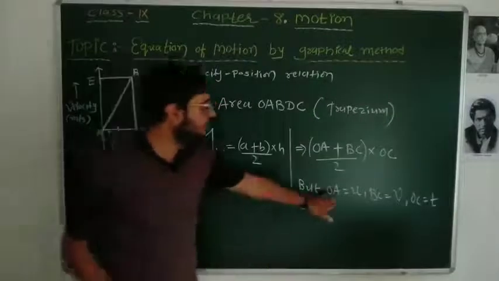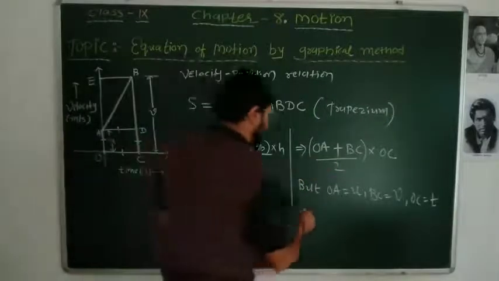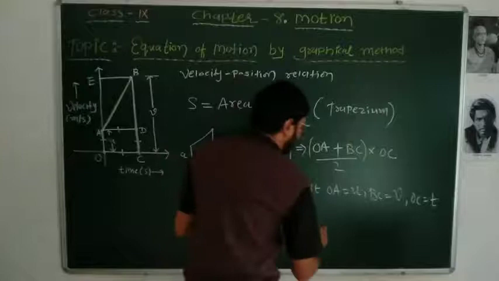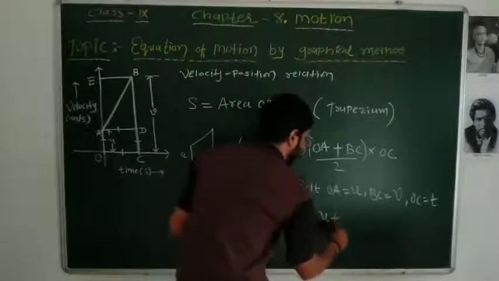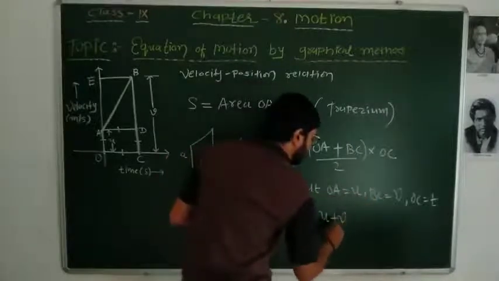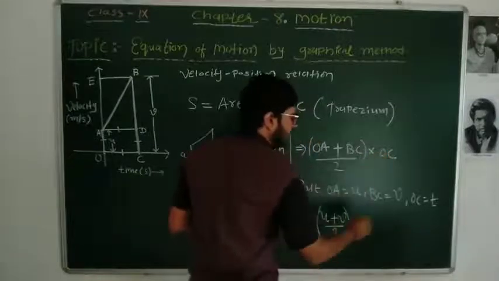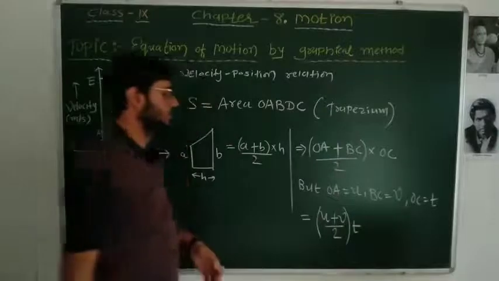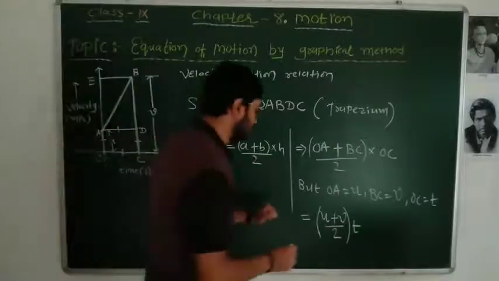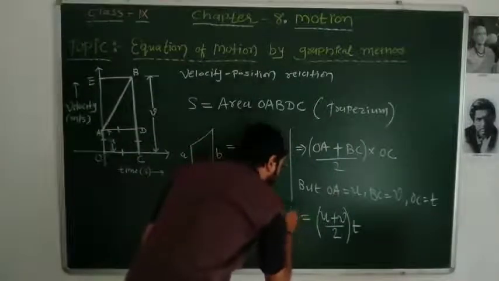We put all these values in this equation and finally we get (u plus v) by 2 and OC is t. Finally we get this equation. This is nothing but the S.